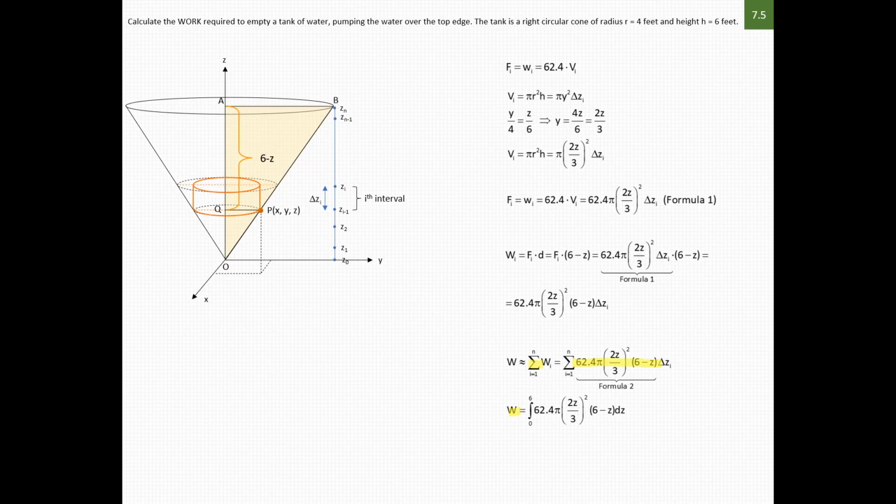These are the limits for z, 0 to 6, of a function of z with respect to z. The integrand, the function of z, is this function represented by the formula labeled formula 2.